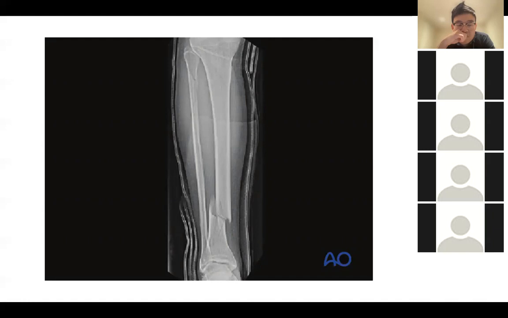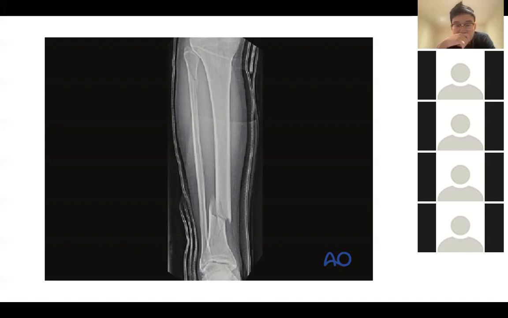Moving on in my management, I can see that there is some form of cast applied. If there is a concern about compartment syndrome, first and foremost, I would need to take away the constrictive cast, but I would still try to have some support, because this is a significant fracture of the tibia.